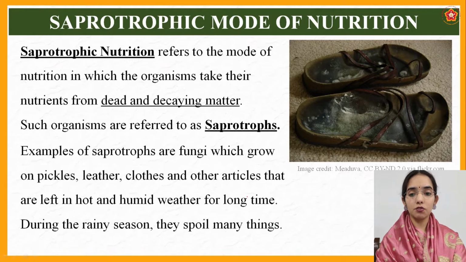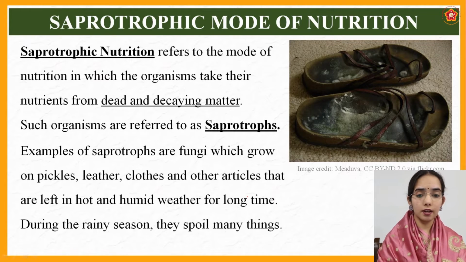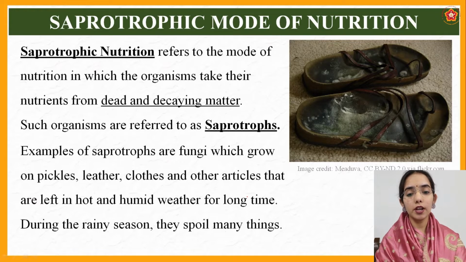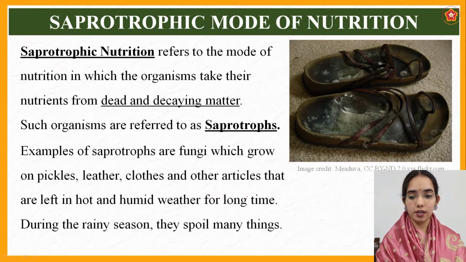So, examples of saprotrophs are fungi, which grow on pickles, leather, clothes, and other articles that are left in hot and humid weather for a long time. During rainy season, they spoil many things.